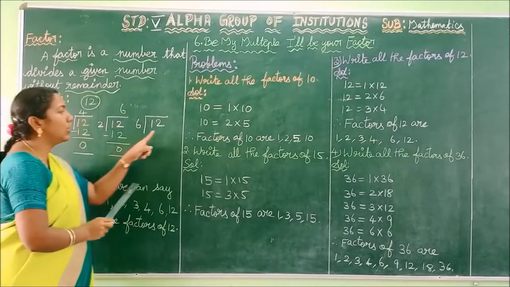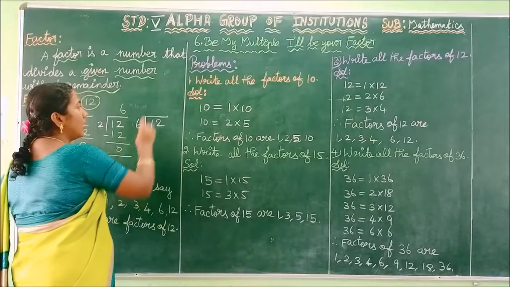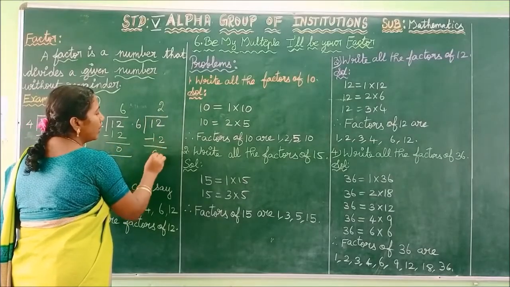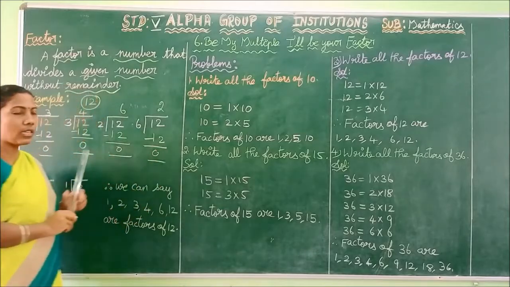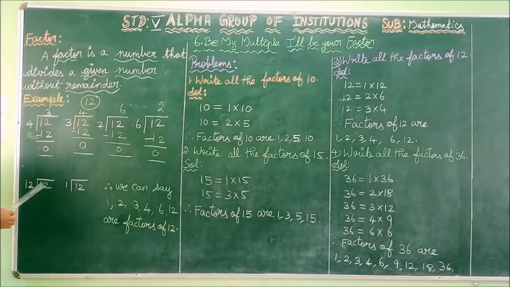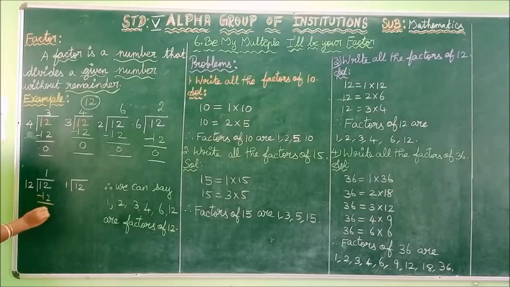Similarly, I am dividing 12 by 6. How many times? 2 times. 2 6s are 12. Here also our remainder is 0, so we can say 6 is a factor of 12. I am dividing 12 by 12. What is your quotient? 1. 1 12 is 12, so what is your remainder? 0. So 12 is a factor of 12.